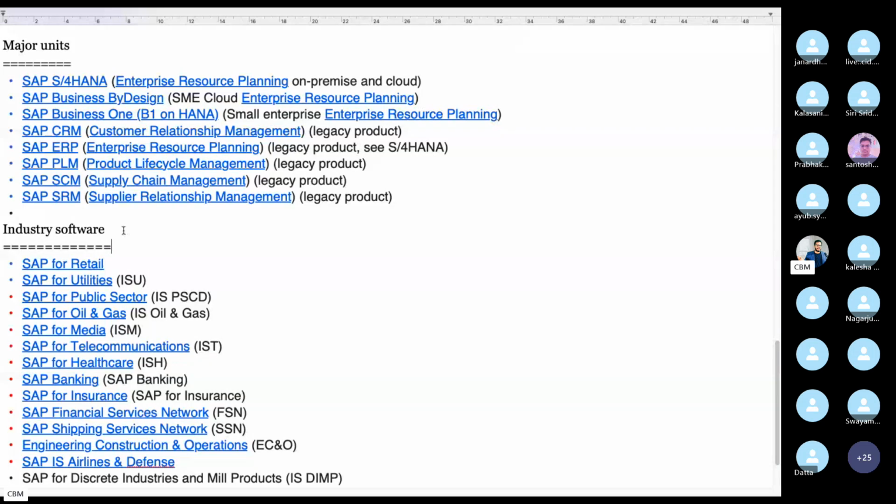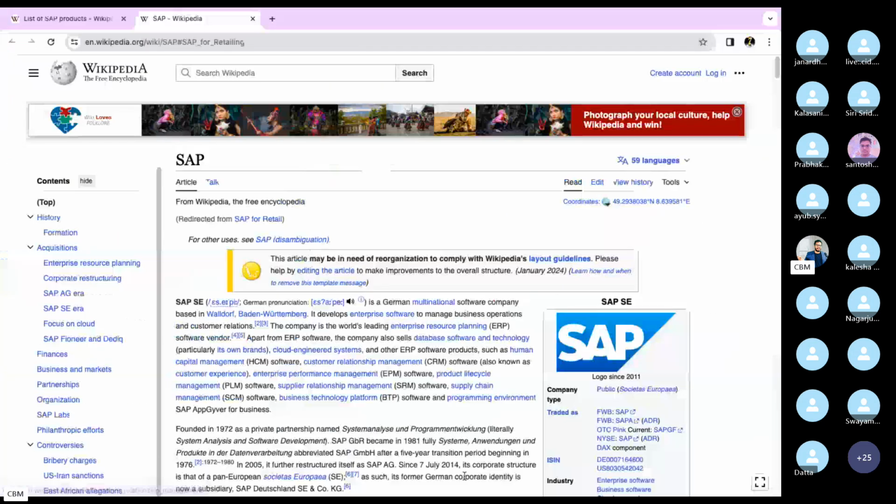SAP for retail, utilities, public sector, oil and gas, media, telecommunications, healthcare, banking, insurance, financial services, shipping services, engineering, construction, operations. For all businesses, SAP is generally used.